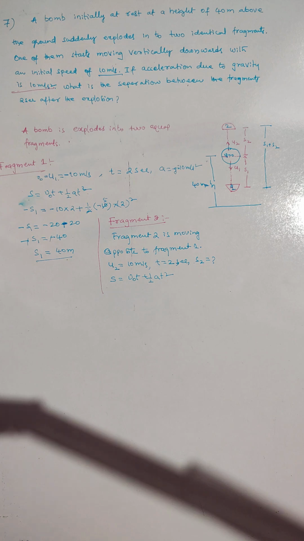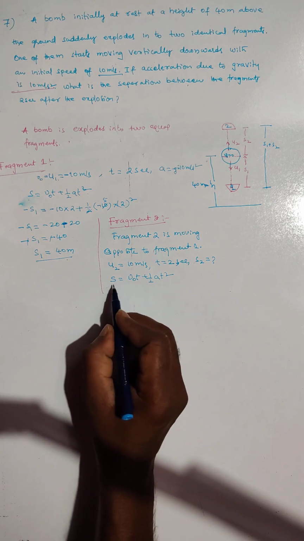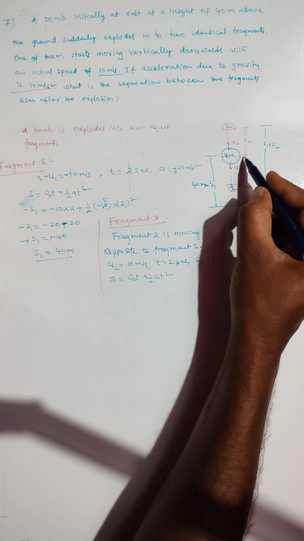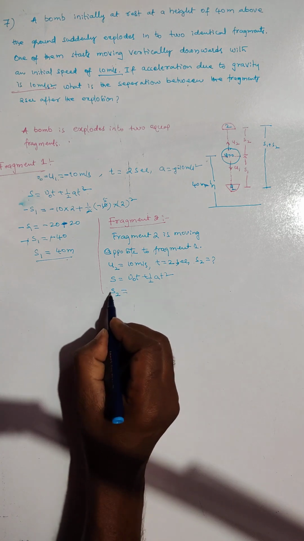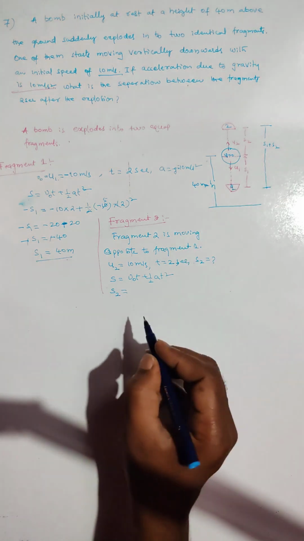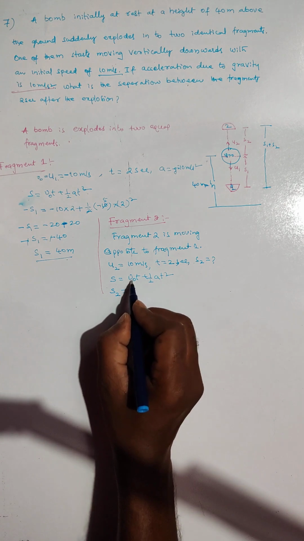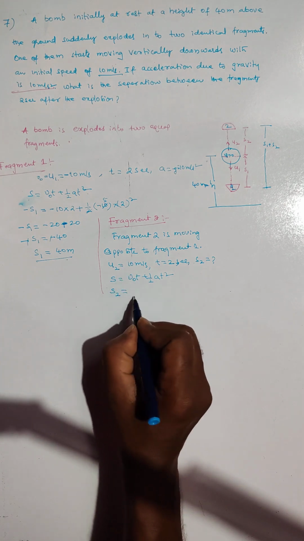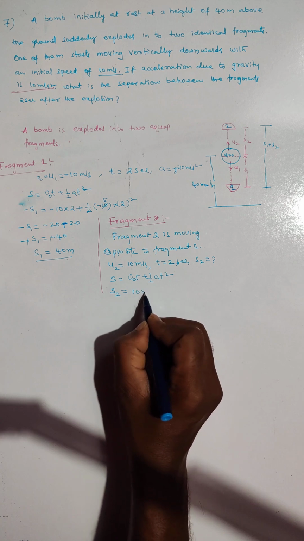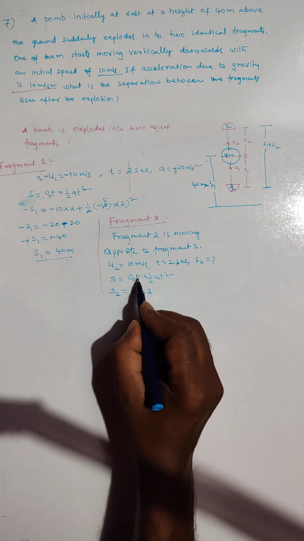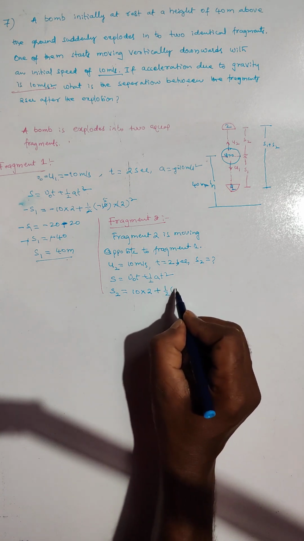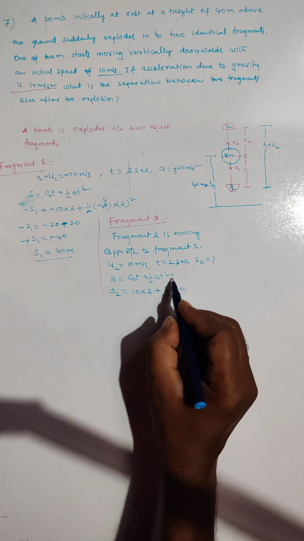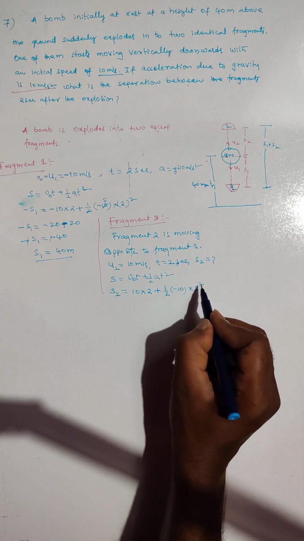So S2 is positive because it is moving in the upward direction. V naught is positive, that is 10 into 2 for 2 seconds, plus half into a, which is always minus 10, into 2 squared.